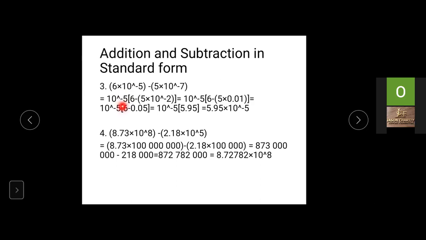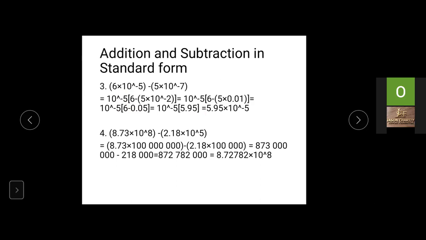So we have 10 raised to the power of minus 5 into a bigger bracket of 6 minus 5 times 10 raised to the power minus 2 in a smaller bracket. 10 raised to the power of minus 2 is the same thing as 0.01, writing it in ordinary form.